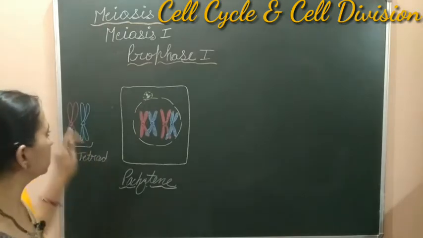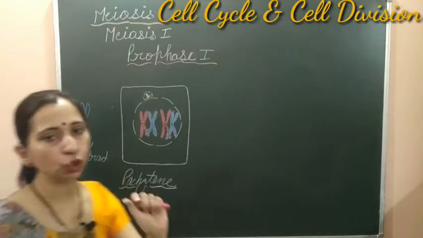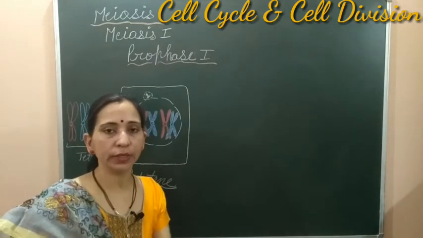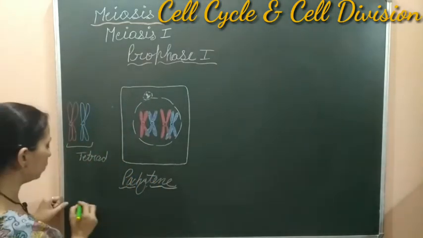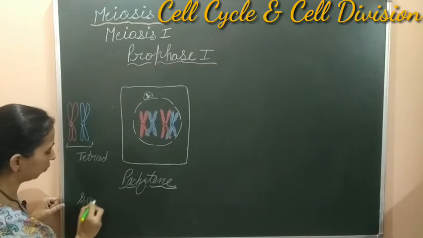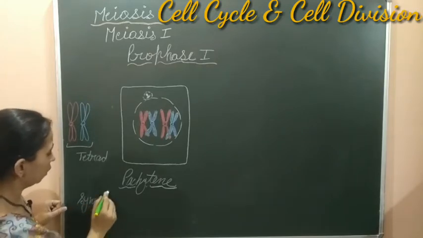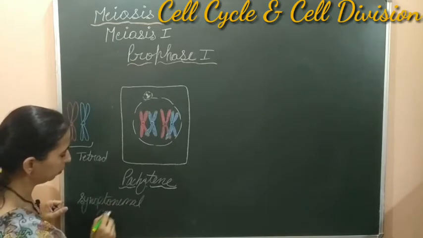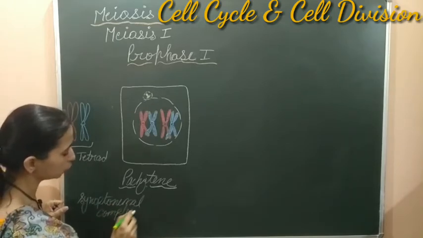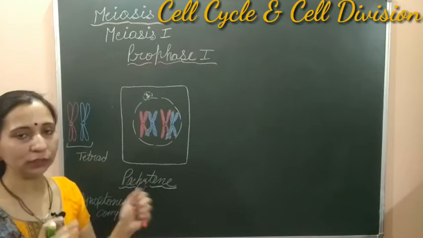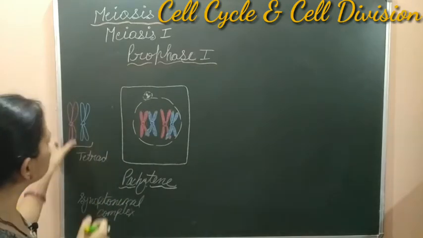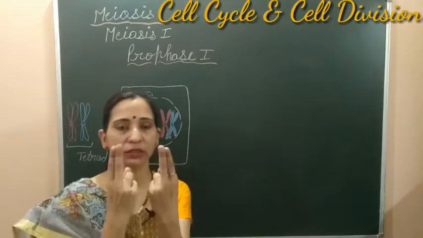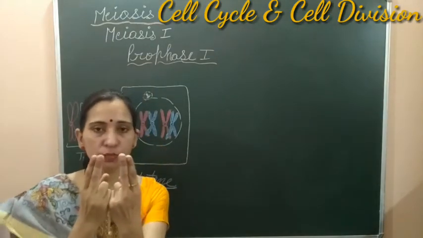In this tetrad we can see the two arms of each chromosome. These are the homologous chromosomes which remain together by the synaptonemal complex. The synaptonemal complex is formed between these two homologous chromosomes, by which they remain together. Therefore we can see four arms, like we discussed in the previous part.